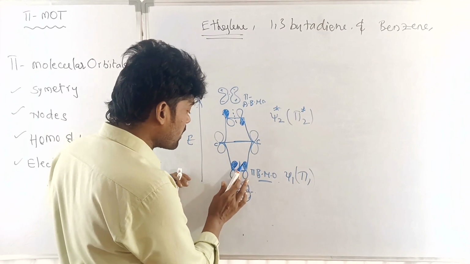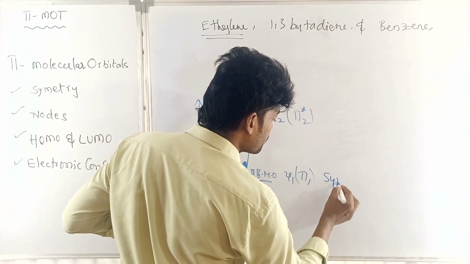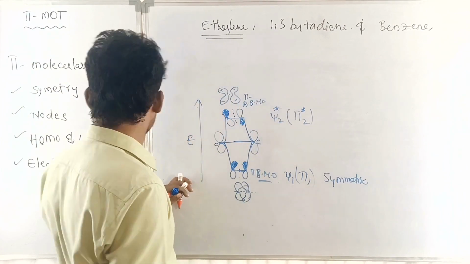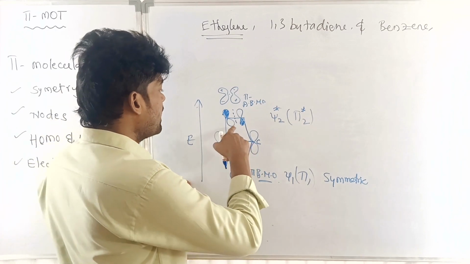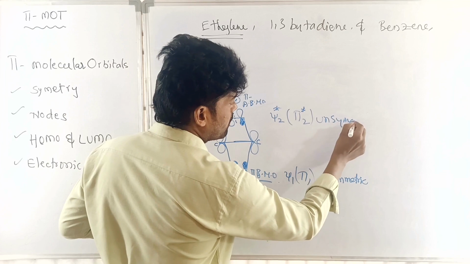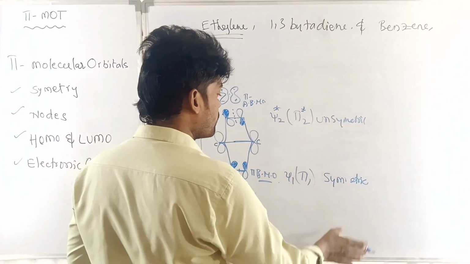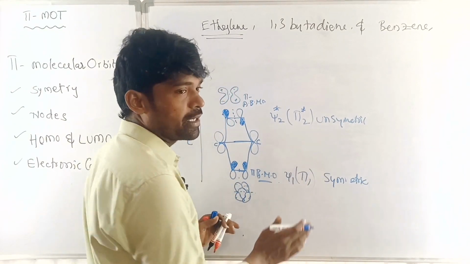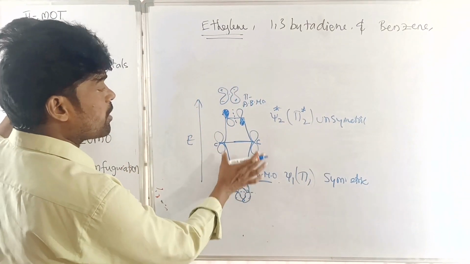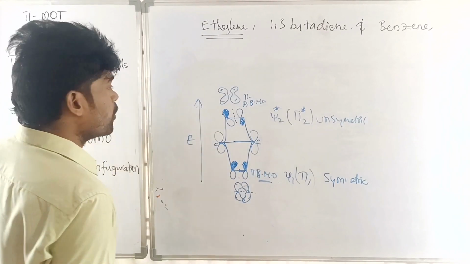So this orbital is called symmetric. This psi2 orbital is unsymmetric. Now you know what the pi molecular orbitals are, how they form, and what the symmetry between them is. Next point, nodes.